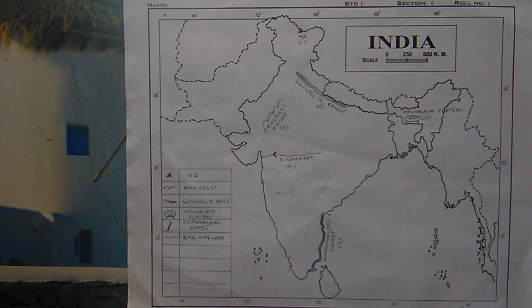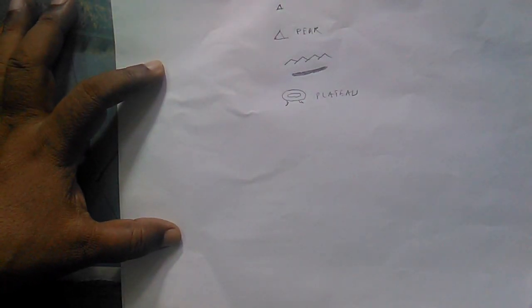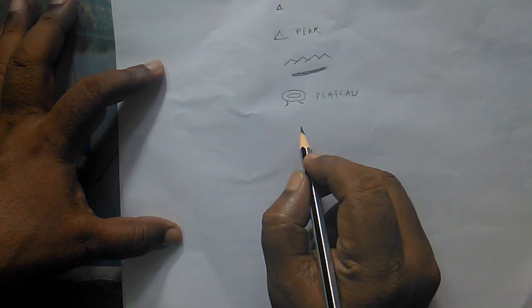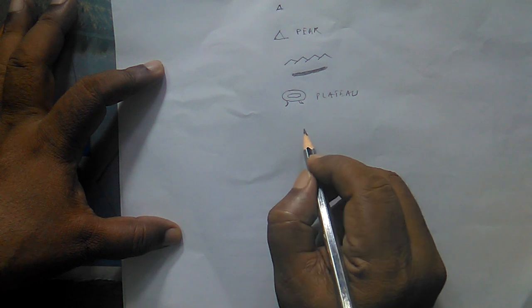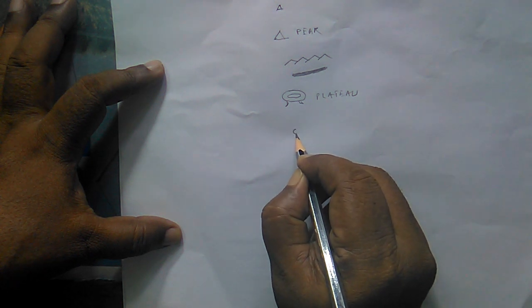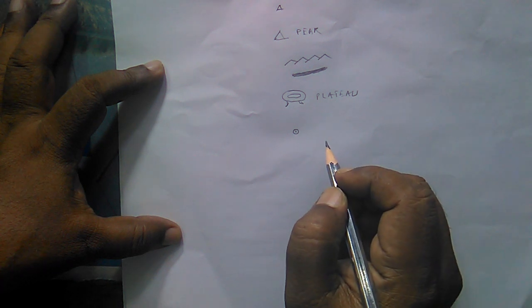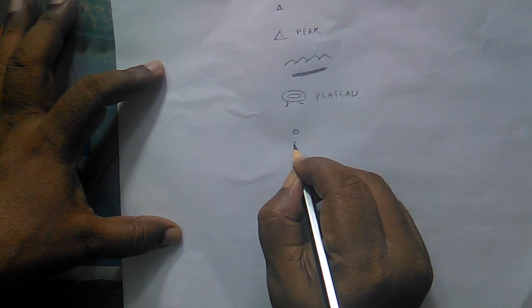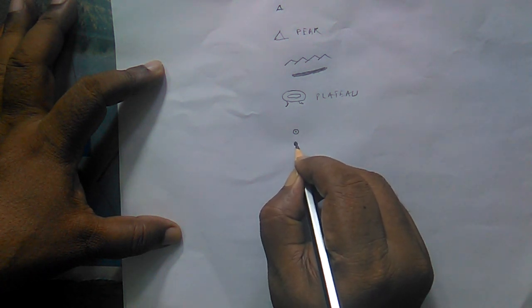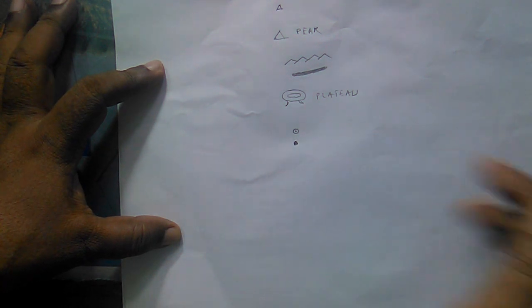Now you have to take into account whether the place that is given is a capital city or a simple city. Suppose it is a capital city, then the symbol would be a circle with one dot inside, and if it is just a city, it is just a simple circle.